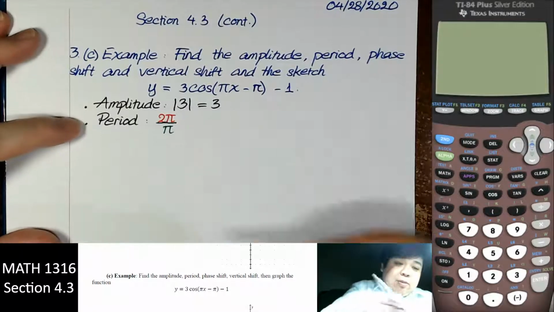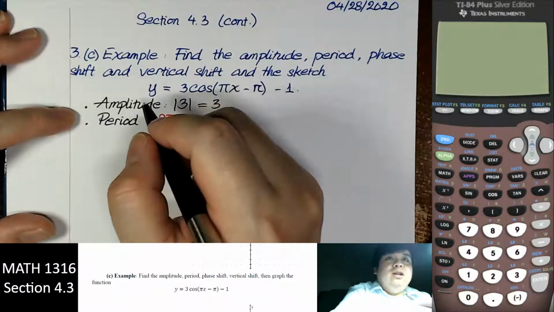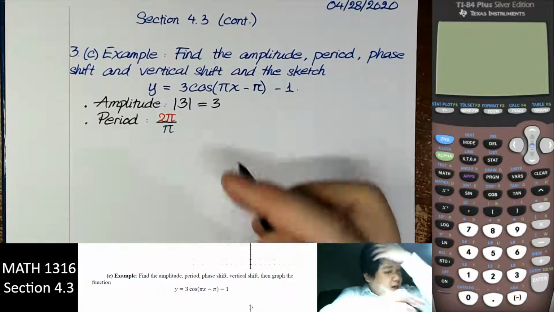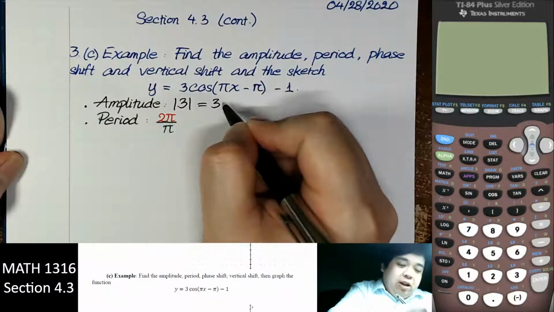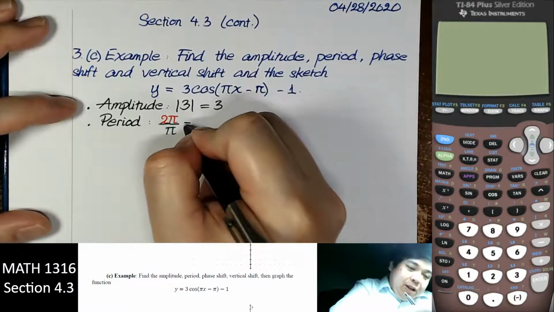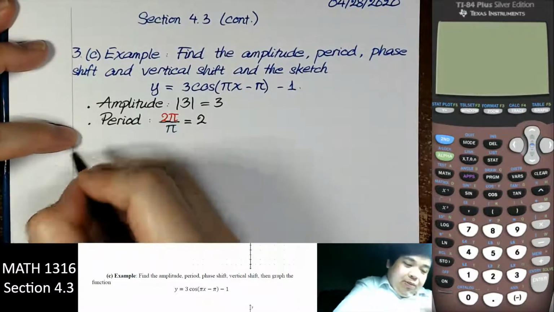By the way, if this is negative pi, we're just going to take the positive. So we put pi in here, and pi and pi cancel out. So the period is 2.